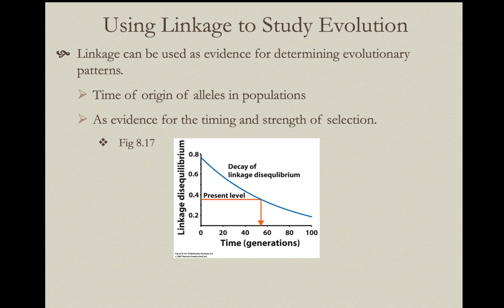So for example, the time of the origin of an allele in a population and when it first becomes linked to another gene locus. That's what's being shown in this figure here.